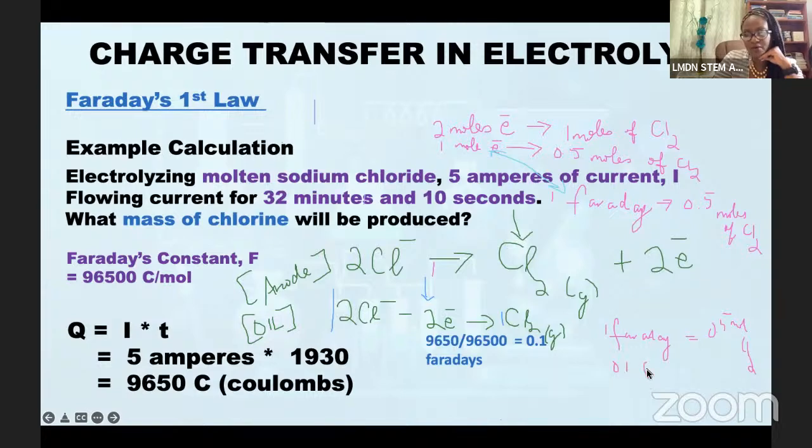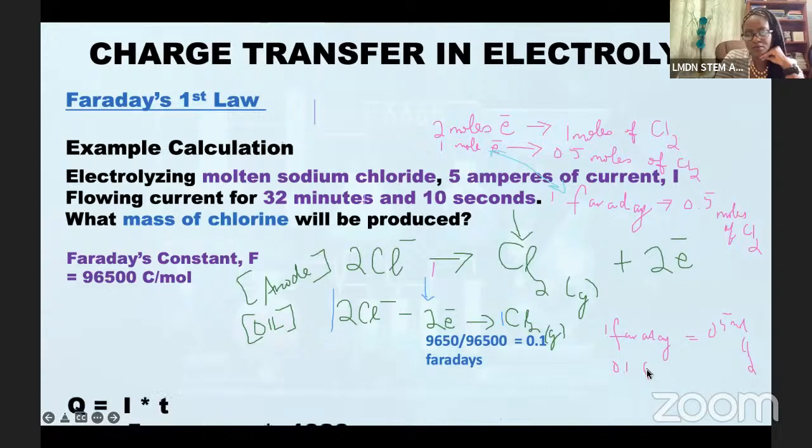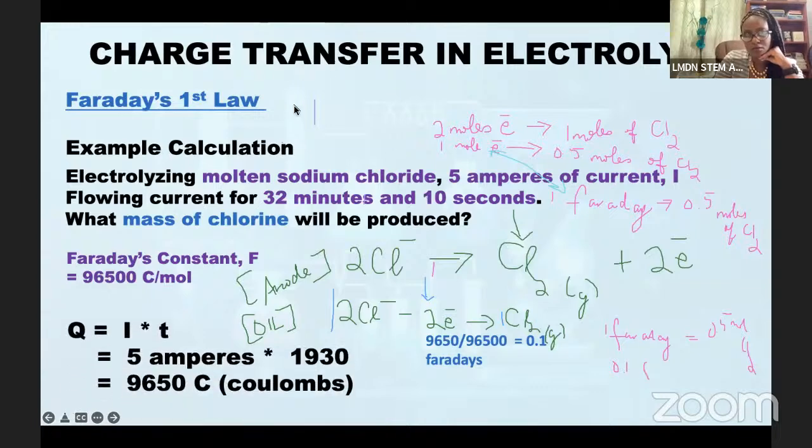So from that 0.1, we can only get X moles, and that X is equal to 0.1 times 0.5, which is 0.05 moles of Cl2. And 0.05 moles of Cl2 is what in mass?